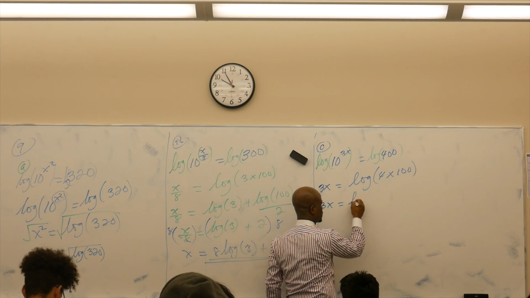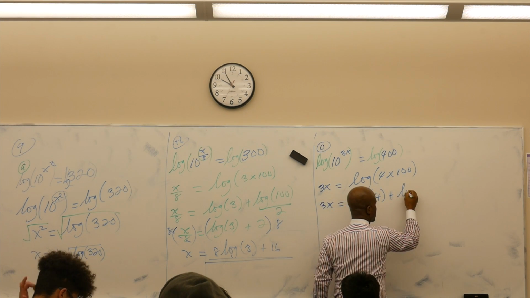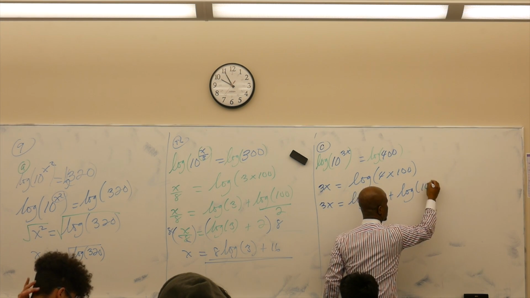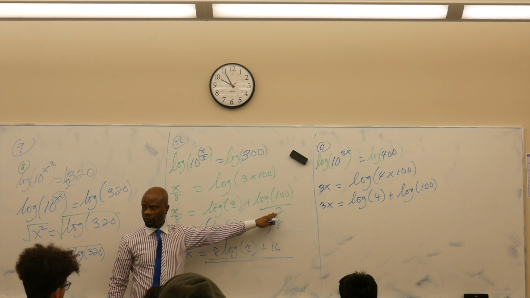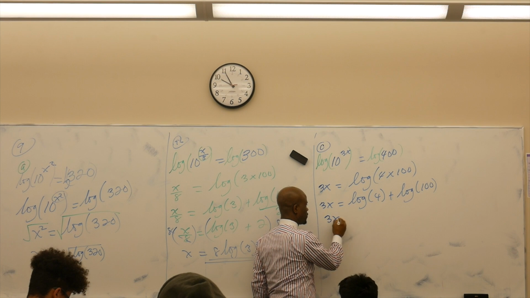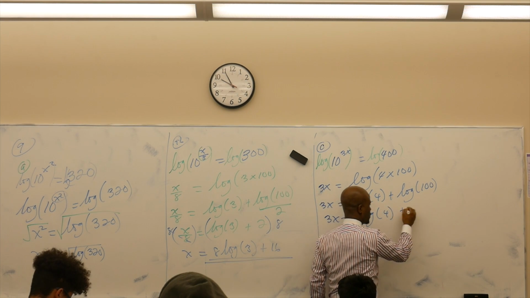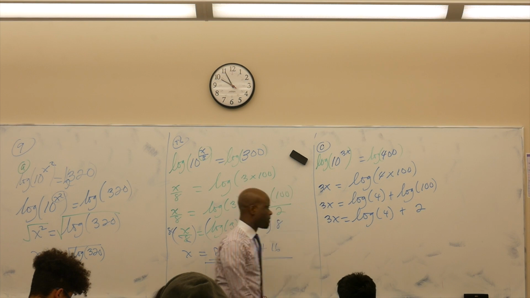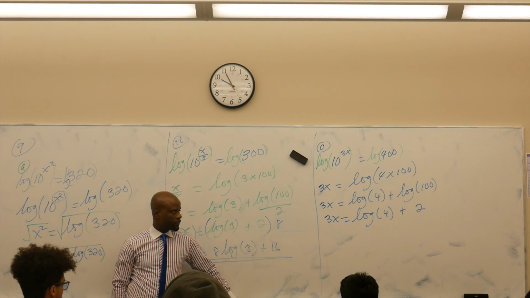So 3x is equal to the log of 4 plus the log of 100. And you told me before the log of 100 was 2, right? So 3x is the log of 4 plus 2. All right? Now what?